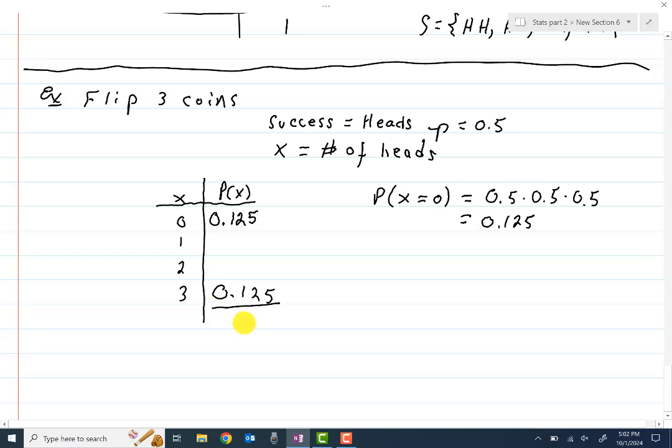Now remember, down here, this has to add up to 1. If I take 0.125 and I take 0.125 again, add them together, I get 0.25. That means this gap here is 0.75. And it's evenly split among these two rows. The reason why is because getting 1 heads is the same as getting 2 tails.